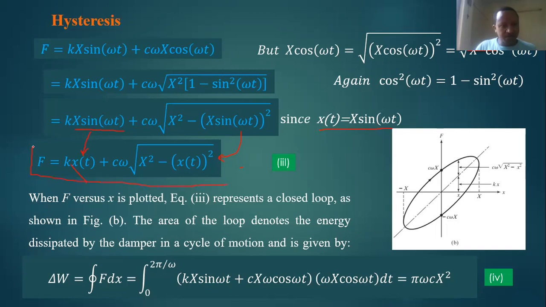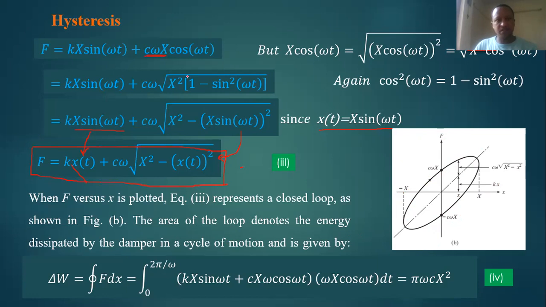In this equation, we can plot this type of graph from minus X to X, the amplitude, and from CωX to minus CωX in the y plot.